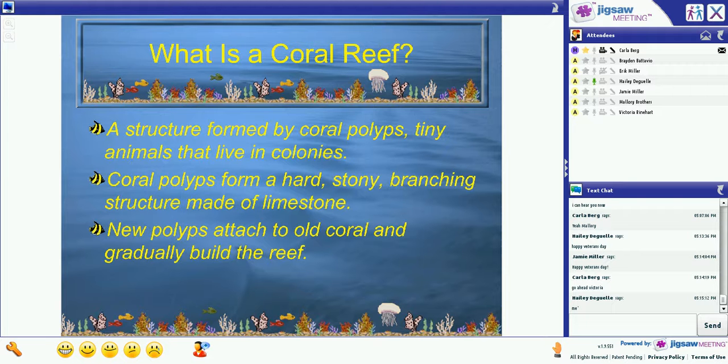I was snorkeling in Hawaii and we swam over a coral reef and we saw jellyfish, sea turtles, anemones, and a giant clam. All right, great. Those are all things, organisms, that you could find on a coral reef. Does anyone else want to share what they saw on a coral reef or what they have seen pictures of on a coral reef? Mallory, go right ahead.